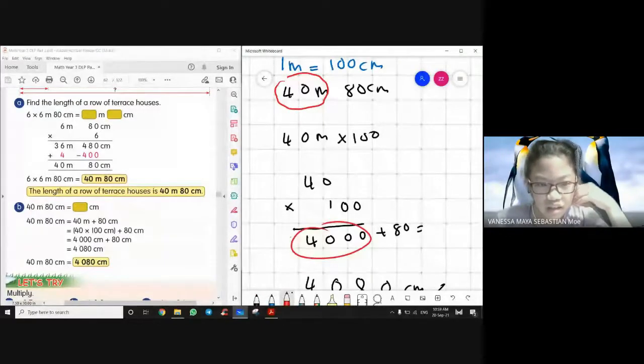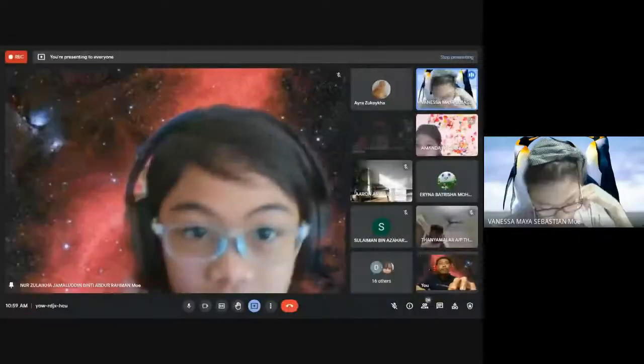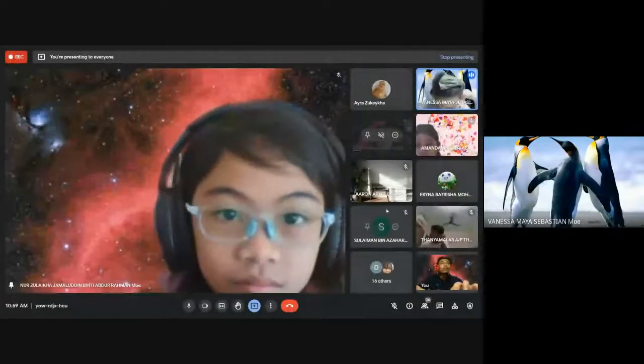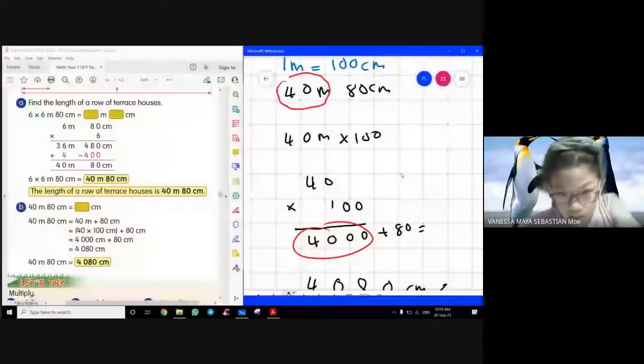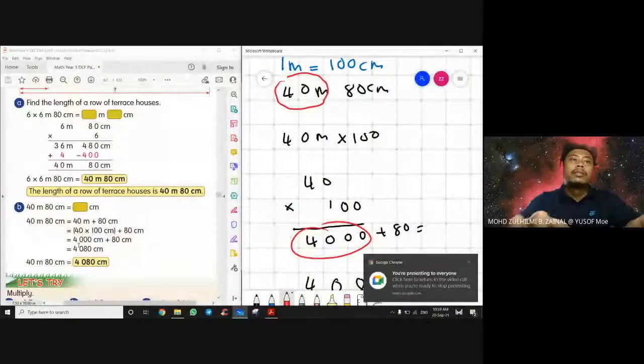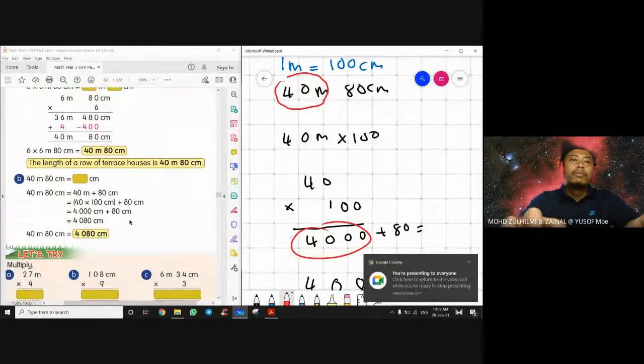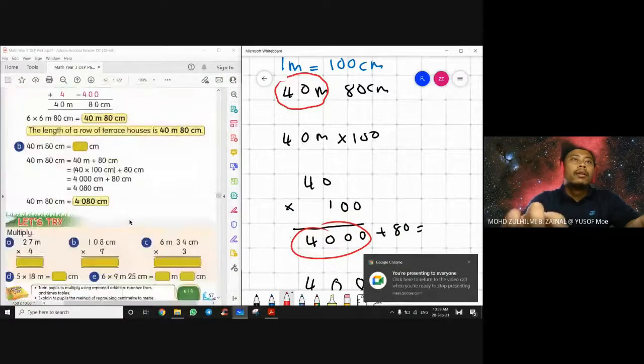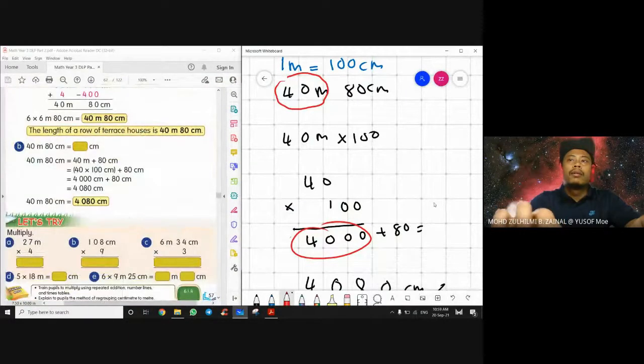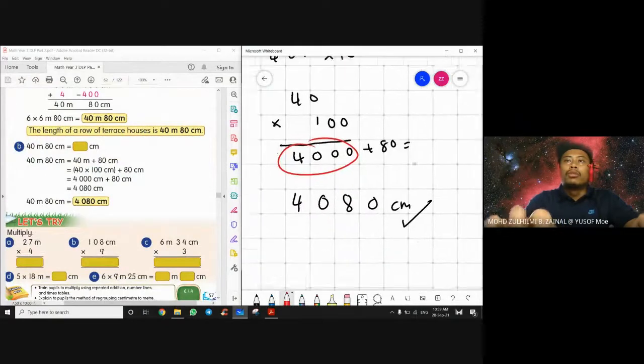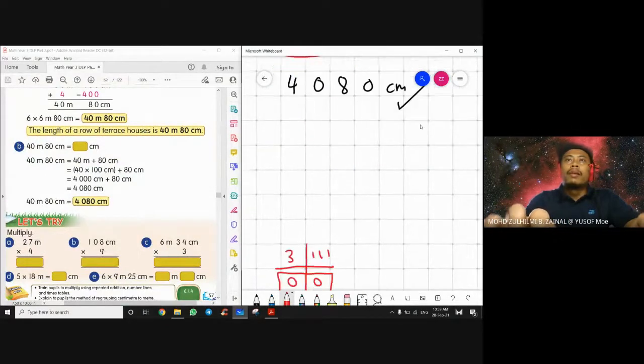Teacher? Yes. We have to do the let's try after this, right? Let's just discuss. Kita nak buat sama-sama pun boleh. Actually, I want to give you a few examples je. Okay, multiply ni.